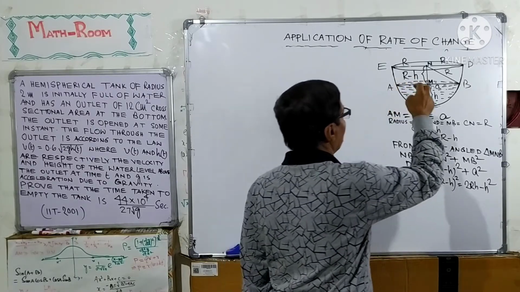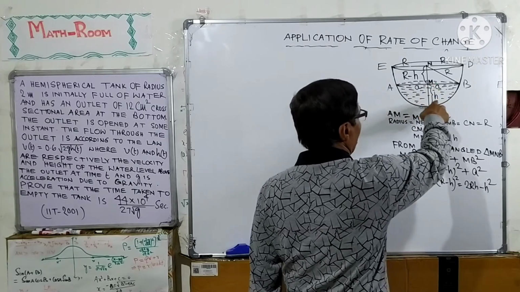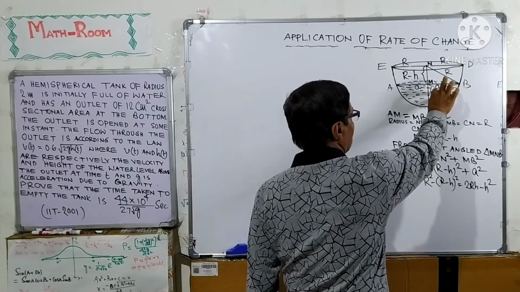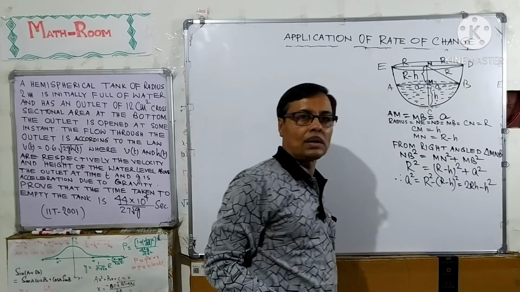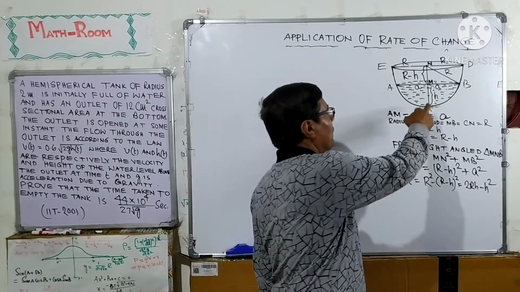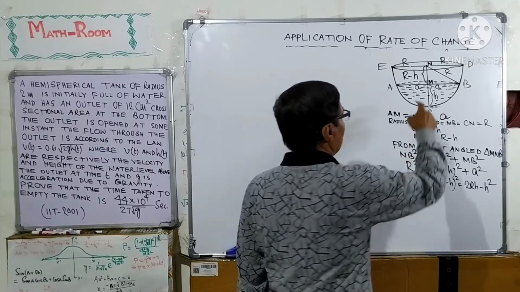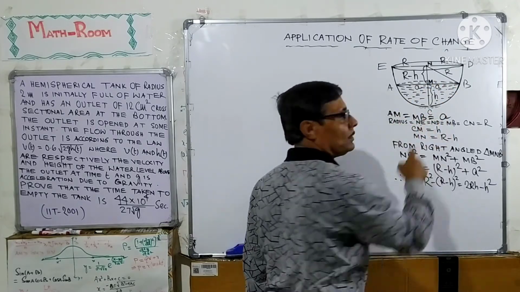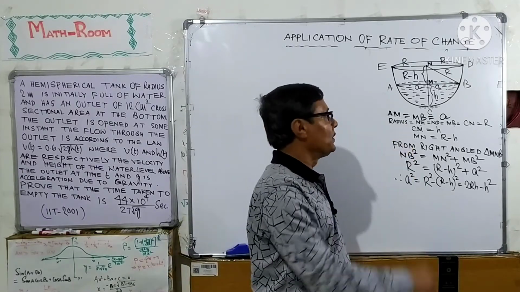The height of the water level from the bottom at time t is h, and the base radius of the water level is a, that is AM equal to MB equal to a. This is the base radius of the water level at time t.